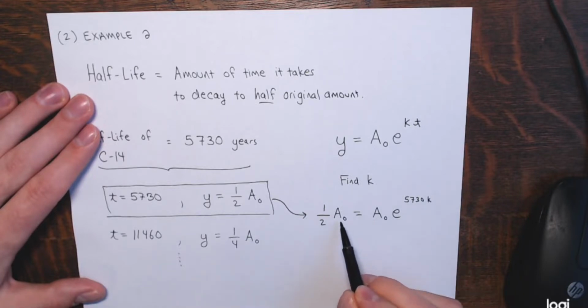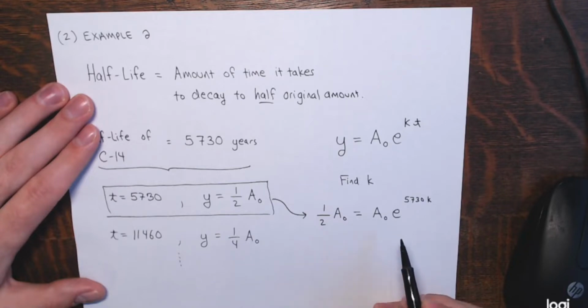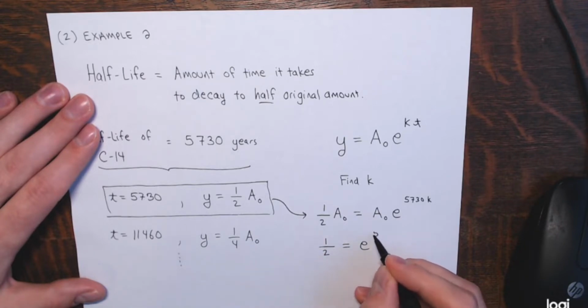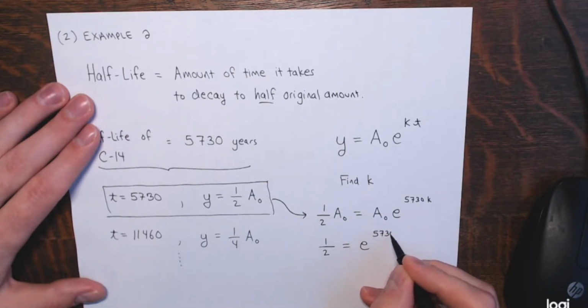Now I hope you see that when I do that, the A0s cancel on both sides, and I'd have 1/2, or 0.5 if you want to write that, equals e to the 5,730 times K, not T, K.